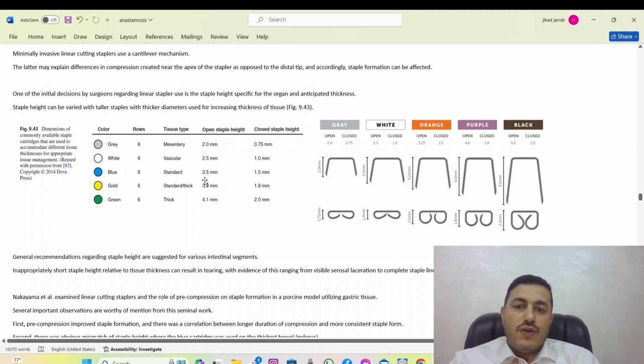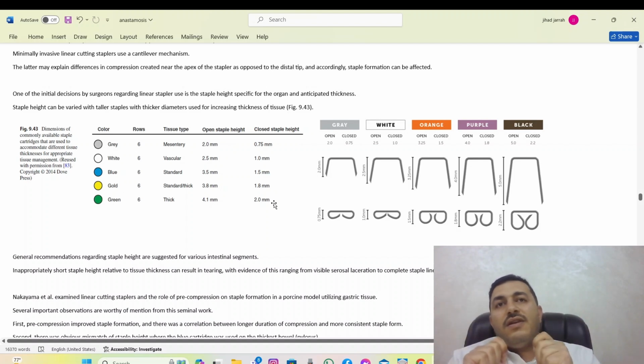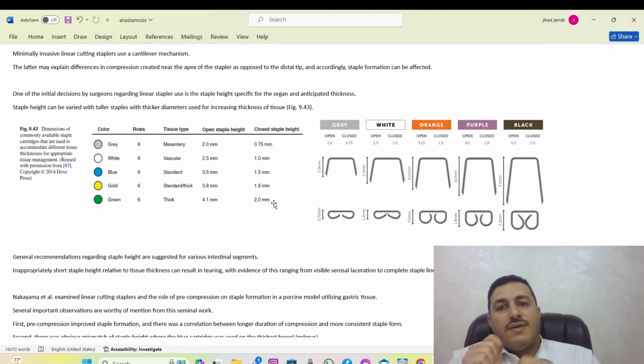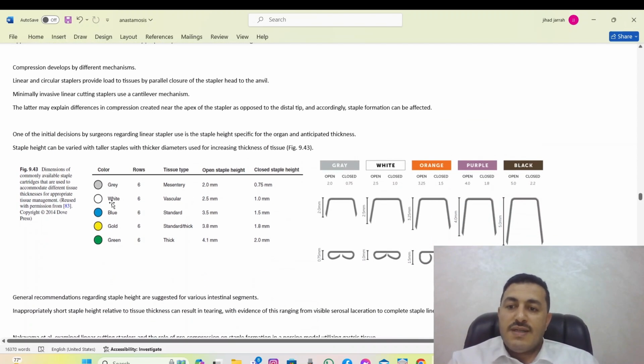We can use blue for small bowel, actually, green for large bowel, but these are rough approximations. And even if you choose the size, you can accommodate by more compression, as we will discuss now. Okay, we said gray for mesentery, white for vascular, blue is the standard, gold for thick, and green for thick. And you can see how the sizes differ from open and closed height.